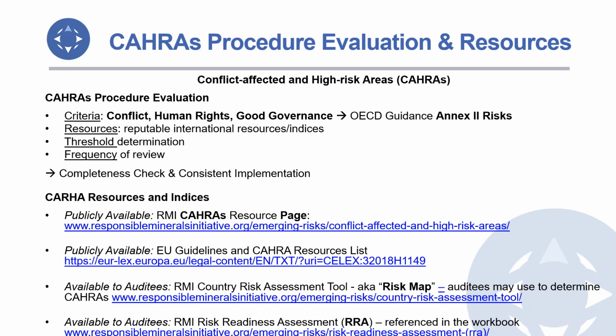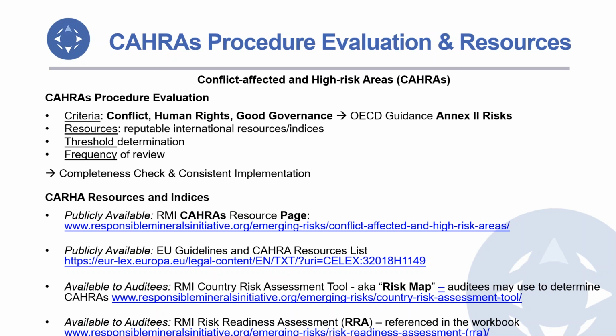Resources, which are different from criteria, are reputable international sources or indices that provide information that could help inform auditees' decision in terms of whether or not the country they're sourcing from has a risk of conflict, human rights, or governance issues.